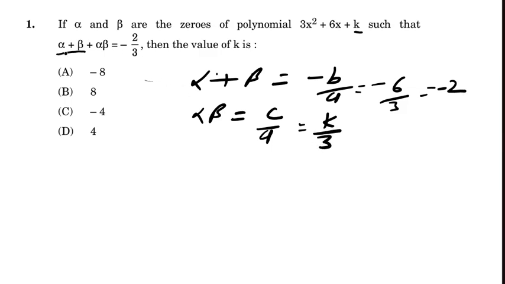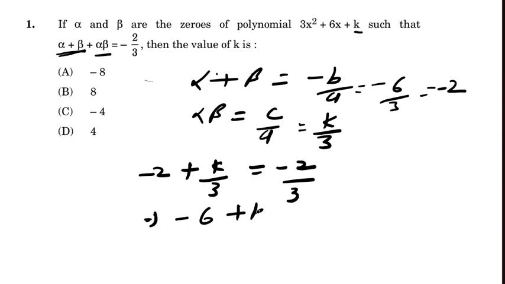We find this because this is the sum of the roots and this is the product of the roots. So we will put these values into the equation to find k: alpha plus beta is minus 2, plus alpha beta which is k by 3, is equal to minus 2 by 3. We will solve like this.